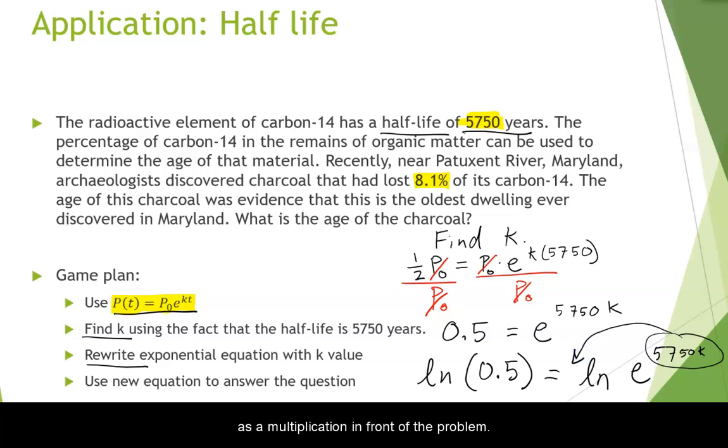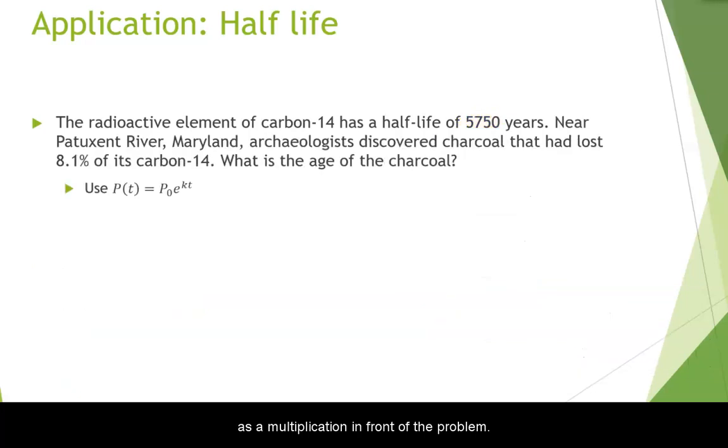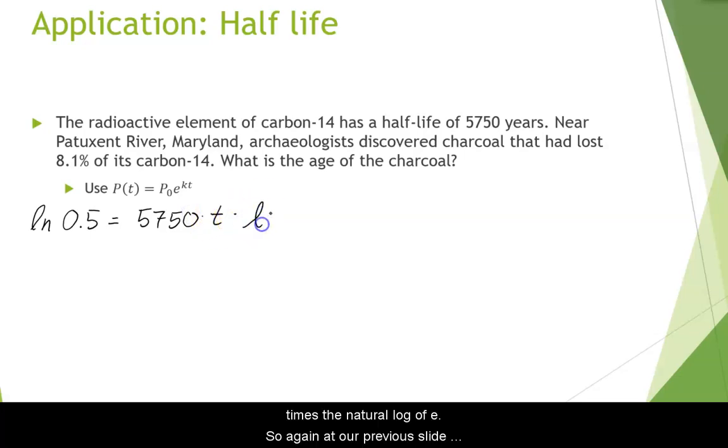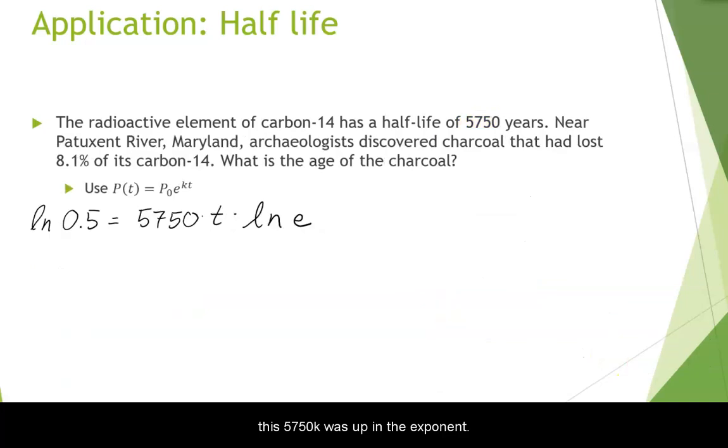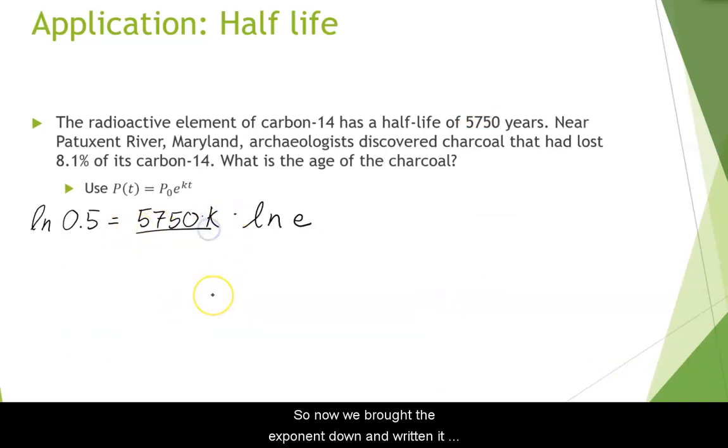I'm going to advance to the next slide to give myself more room. So we had the natural log of 0.5 equals 5,750k times the natural log of e. So again, at our previous slide, this 5,750k was up in the exponent, and now we've brought that exponent down and written it as multiplication.